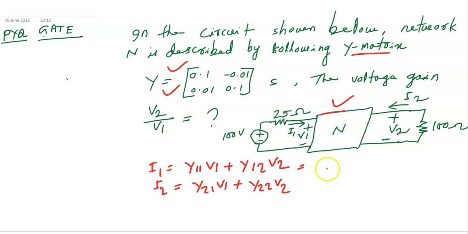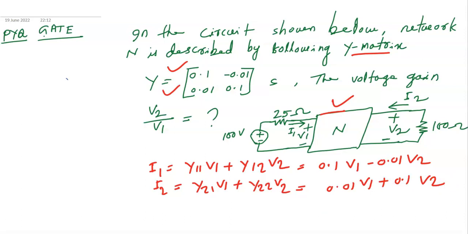And from the matrix, you know that Y11 is 0.1, so 0.1 V1, then Y12 is equal to minus 0.01, so minus 0.01 V2. Similarly, for I2, Y21 is 0.01, so 0.01 V1 plus 0.1 V2.